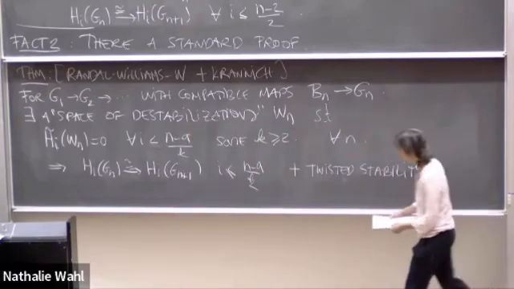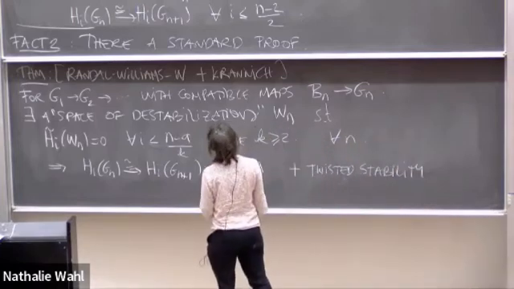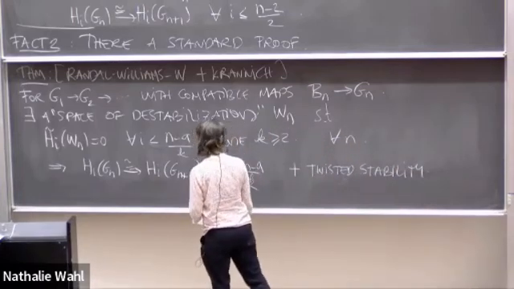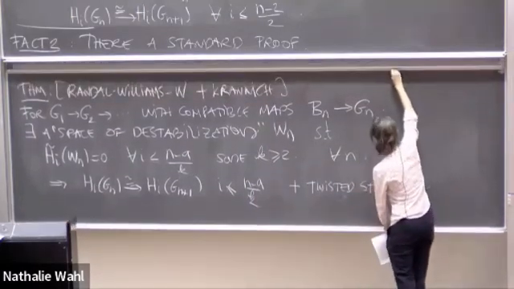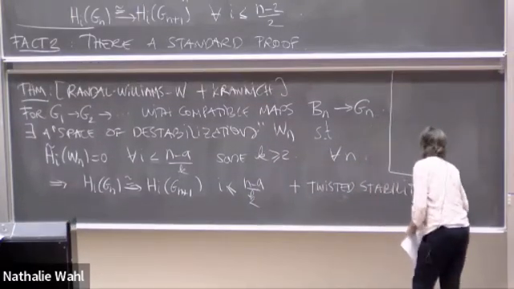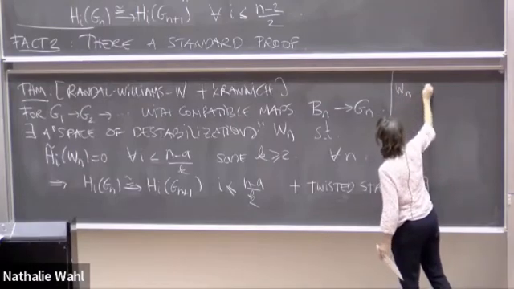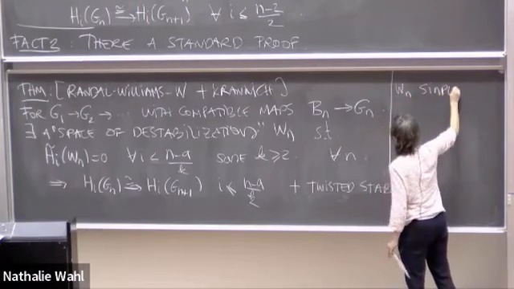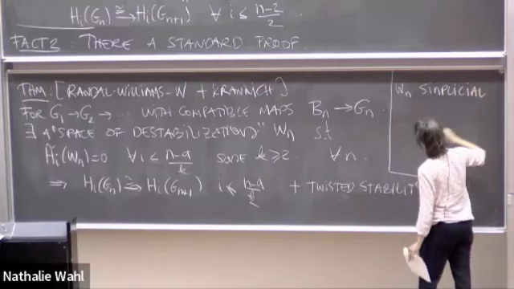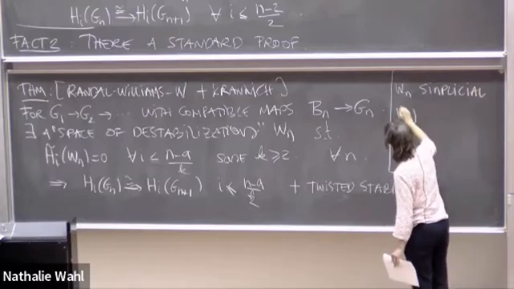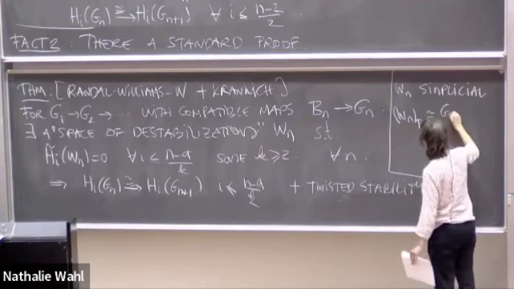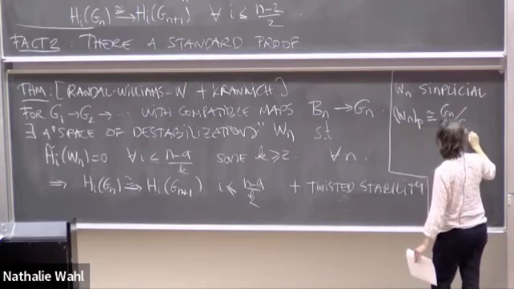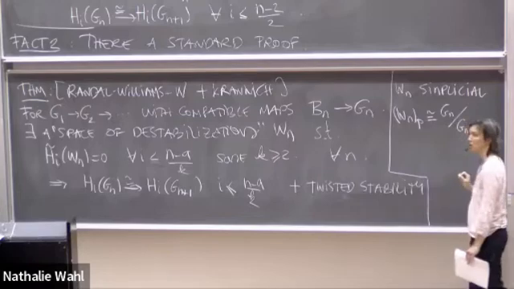Okay, so this is a statement. Maybe let me say one thing about the space Wn. Wn is a simplicial object, and it's made out of the groups. The p simplices of Wn are simply the group Gn modulo the group Gn minus p minus 1.